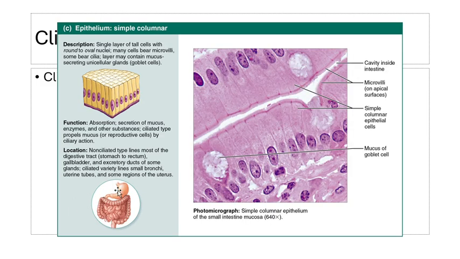The next one is simple columnar. You can see this type of epithelium is more elongated, and also their nucleus is elongated and vertical, corresponding to the axis of the cell.